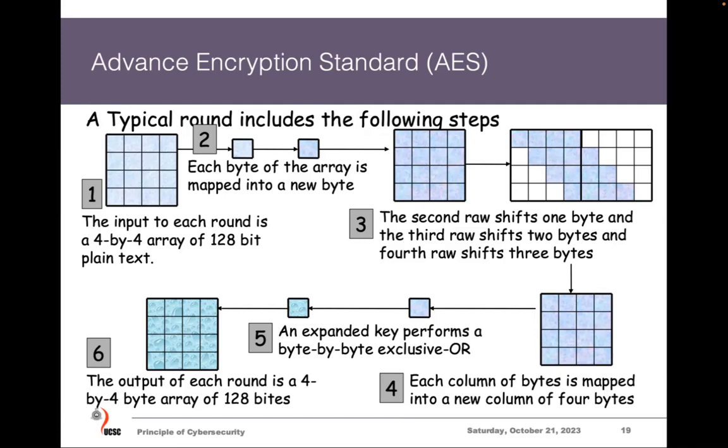We have log tables. We just look at the log values, then get the inverse and get back the number like that. So we have pre-calculated tables in those encryption implementations. We call them S-boxes.